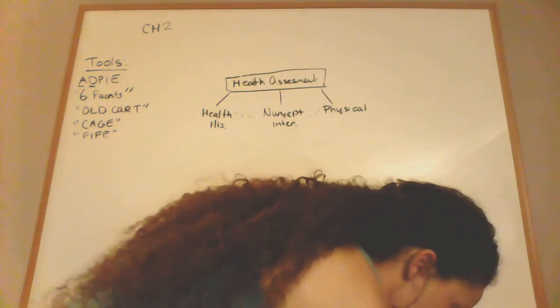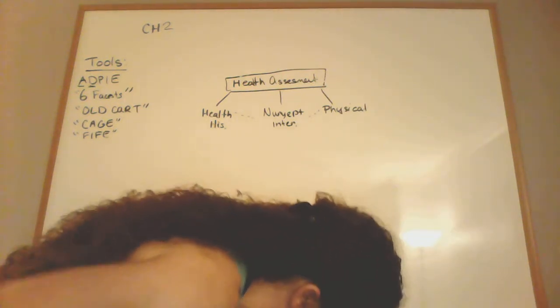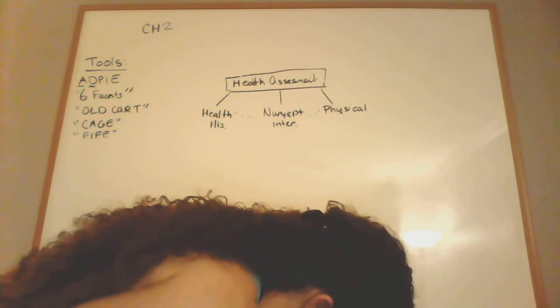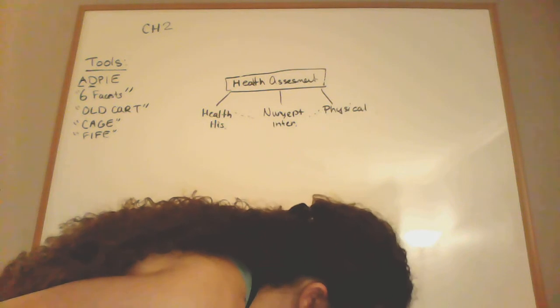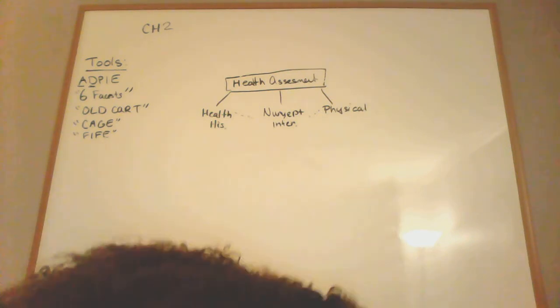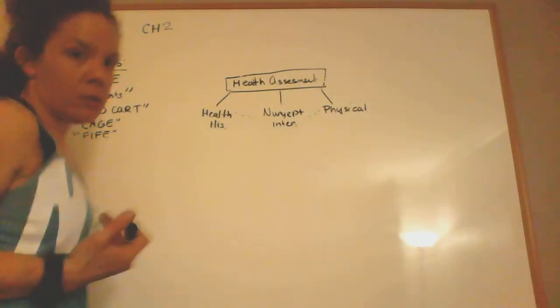But the problem list, you can find this information in the book on page 24. The problem list is basically everything that's wrong with the patient.